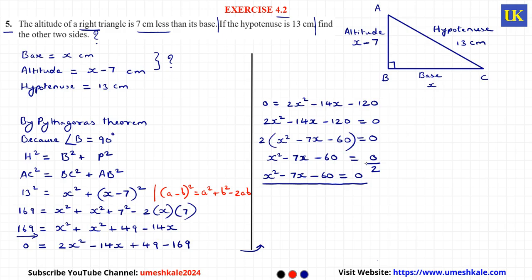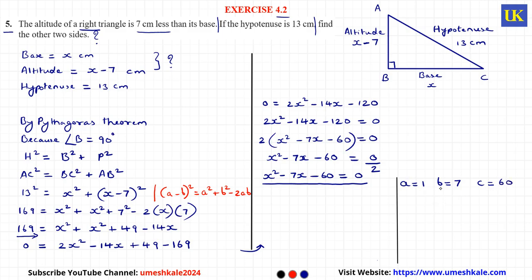Now to solve this, we have to do some rough calculation here. The first term we consider as a. The value of a here, beside x nothing is there, means it is 1. Beside x the number we have is 7, and here there is no x, there is only a number, so that number is 60.